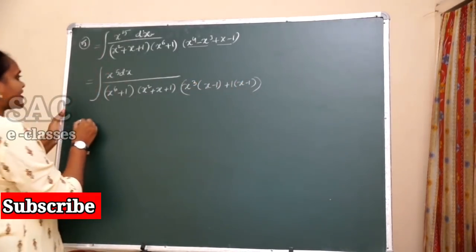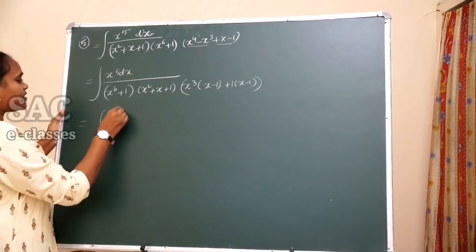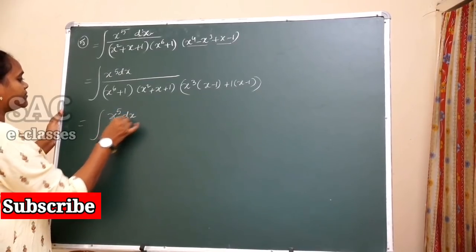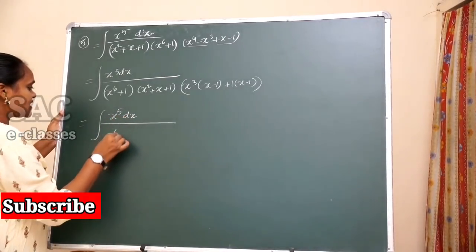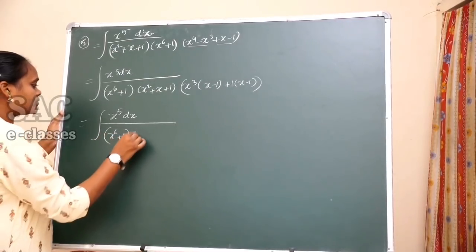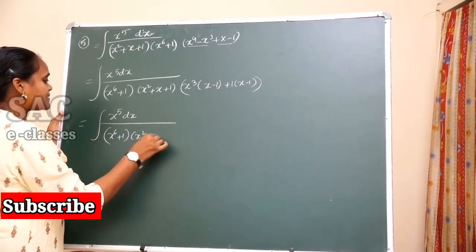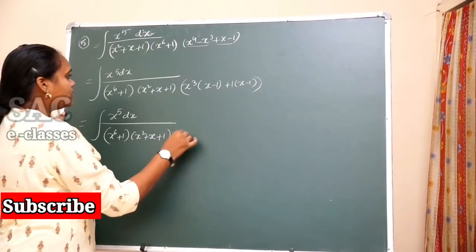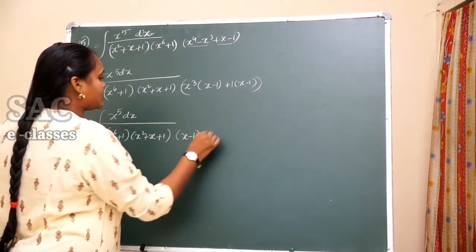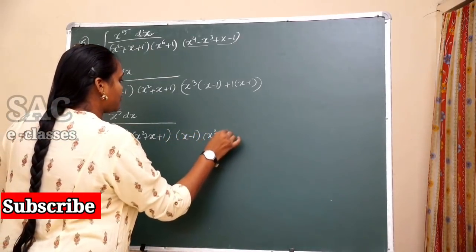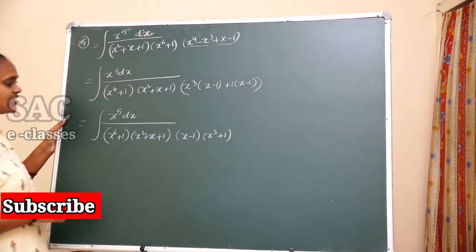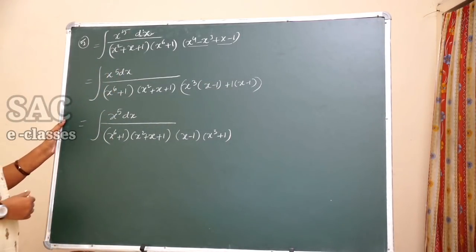Now I got the factorized form: x power 5 dx by x power 6 plus 1 into x square plus x plus 1 into x minus 1 into x cube plus 1. In that way we have factorized.